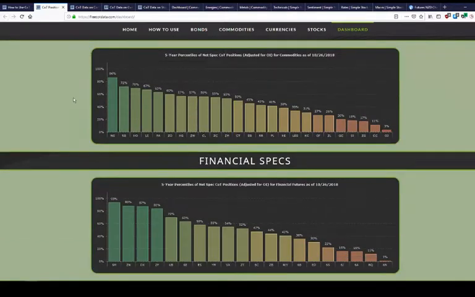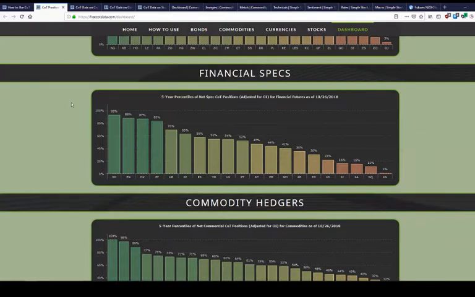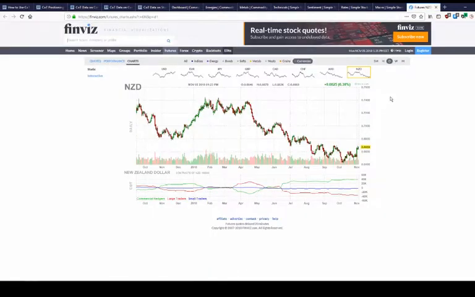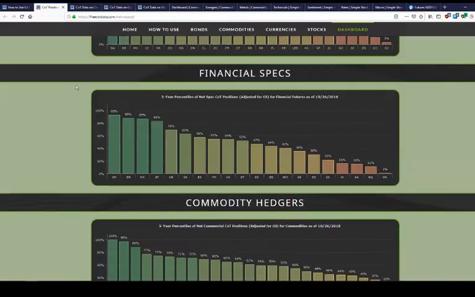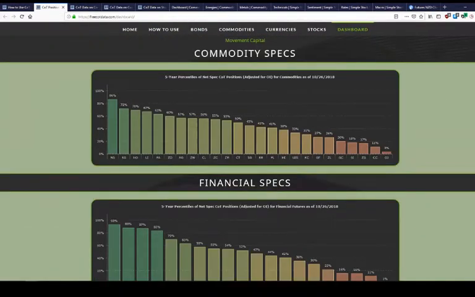And then we can sort of zoom down to, because this is all commodities up here, now we've got financial futures. And the main takeaway is that speculators are still very short dollar. But the thing that's changed about that is that a number of these charts are starting to put crowded spec shorts under pressure.